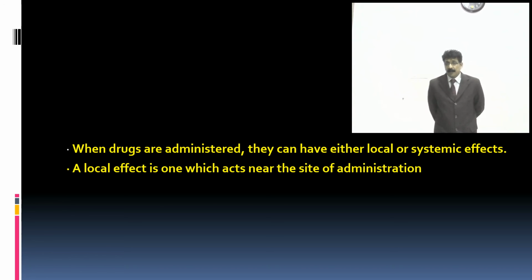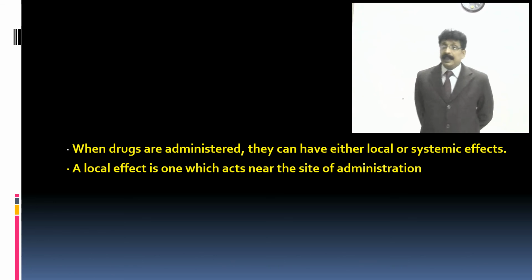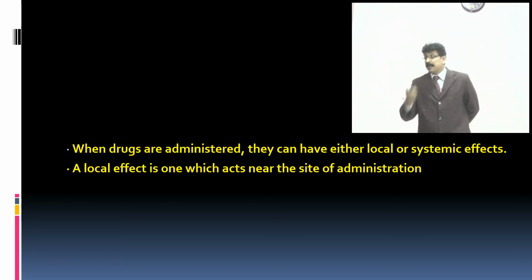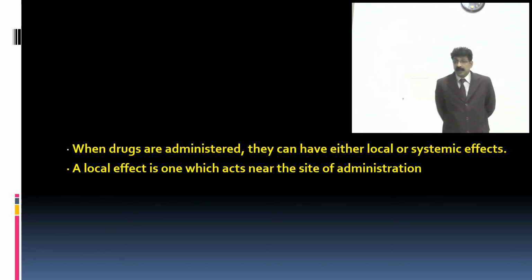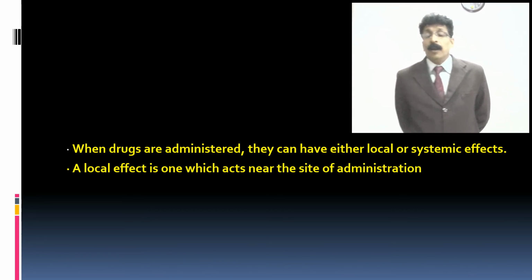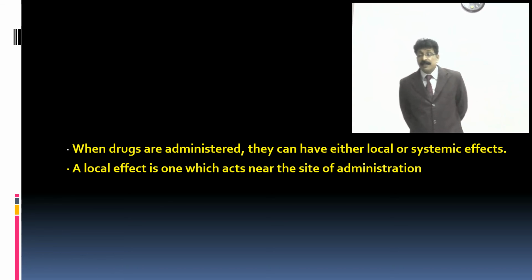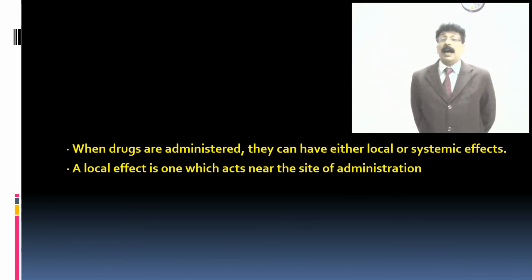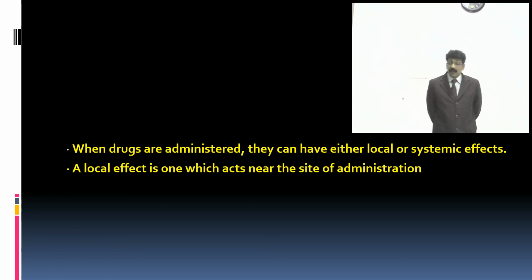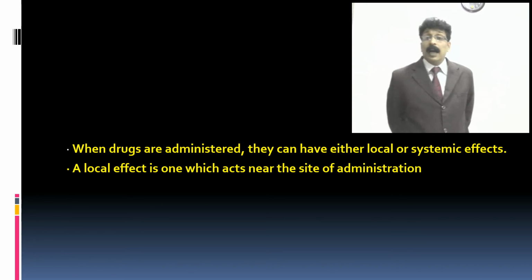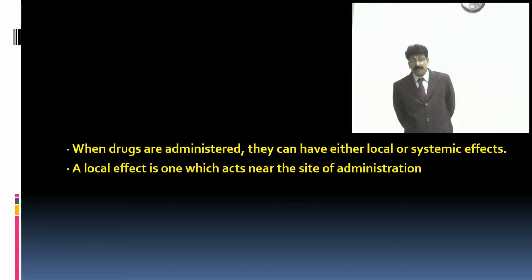If you have an irritation in your stomach, you use aluminum hydroxide gel or Gelusil, which you drink; it acts directly at the site in the stomach, neutralizing the acid. But if you take omeprazole or lansoprazole, the drug has to enter the systemic circulation, and then act on the H2 receptor as an antagonist, so that it reduces the secretion of HCl. That is systemic effect.